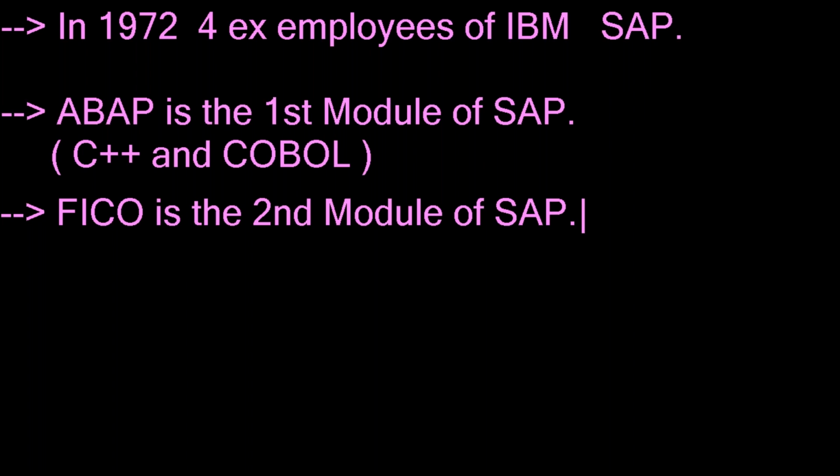So one steel organization approached SAP people because a lot of transactions happen in the organization. The organization purchases raw material, and sells the product to customers. So a lot of financial transactions happen in the organization.